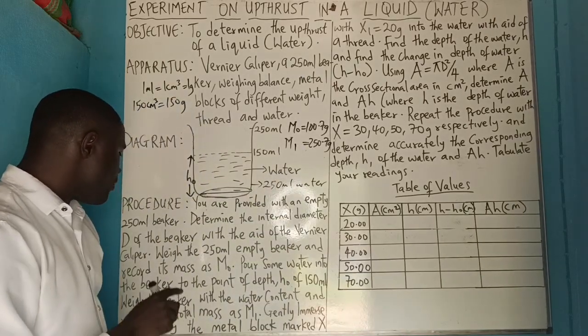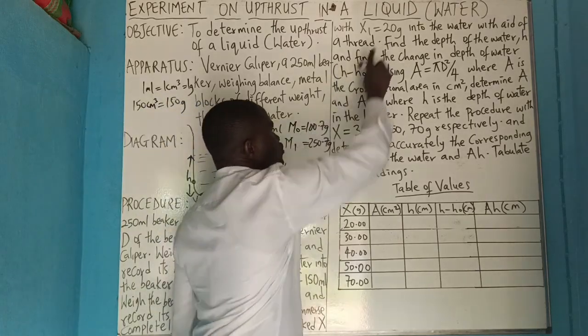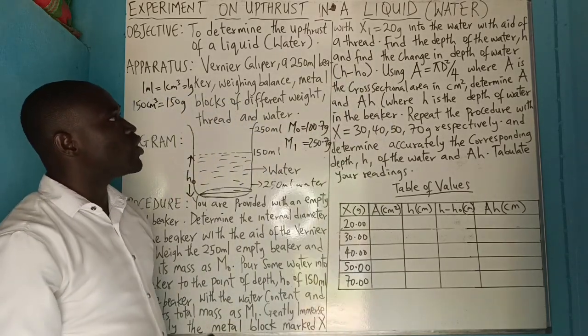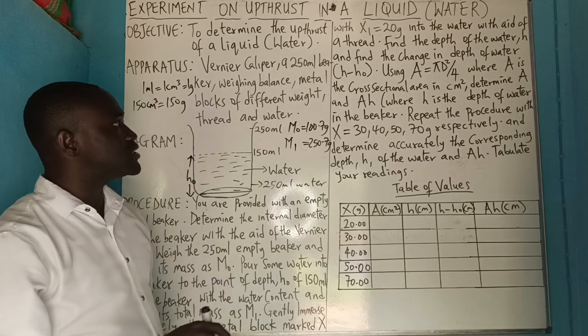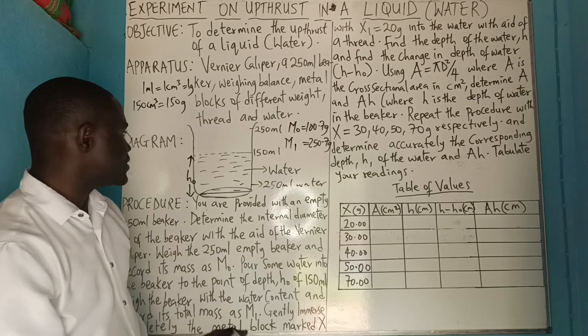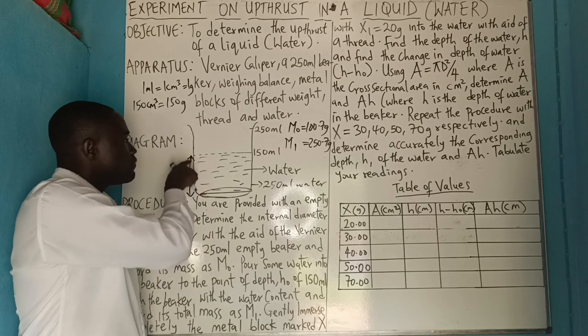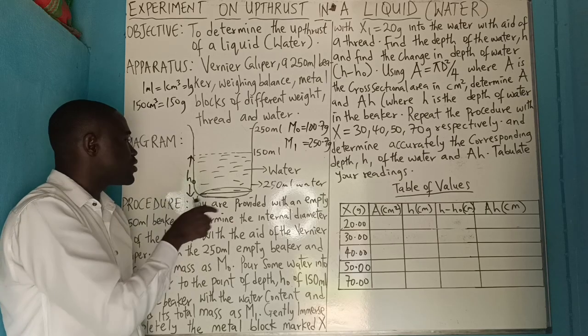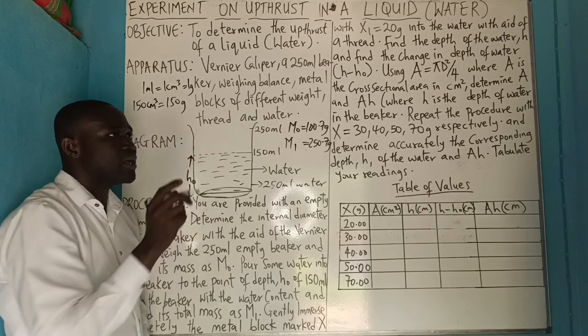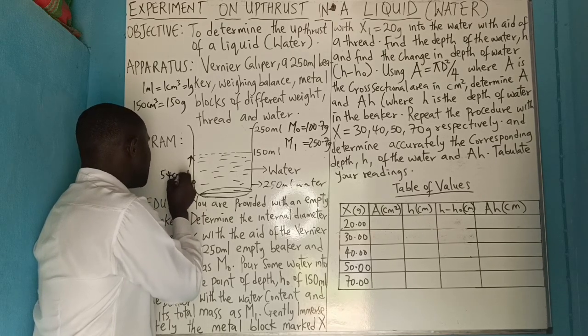Gently immerse completely the metal block of mass 20 gram into the water with the aid of a thread. Find the depth of the water, that is the height. So you measure the height of this water, use your ruler to measure it. As I measured it, I was getting 5.4 cm.